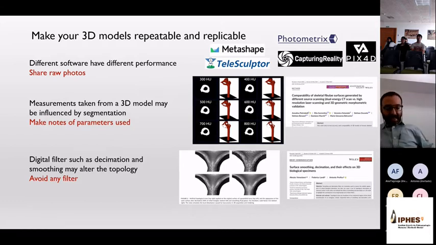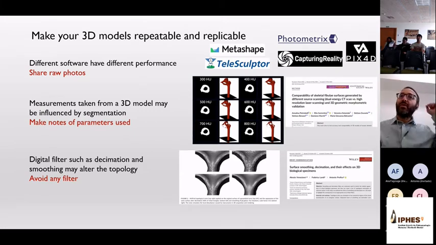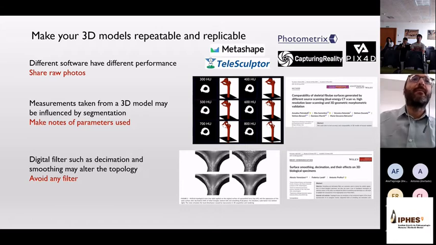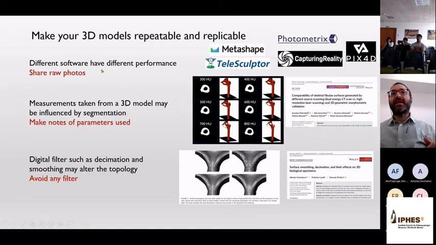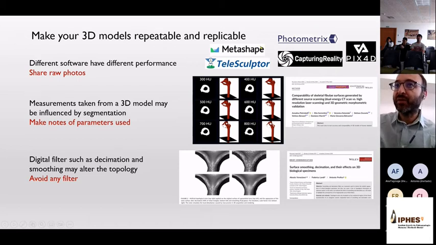The next step, once we create 3D models, is that we have to be careful about some aspects. For example, when we use photogrammetry, it's important to share also the raw pictures that we used to create the 3D model, because there are different software packages that we can use.